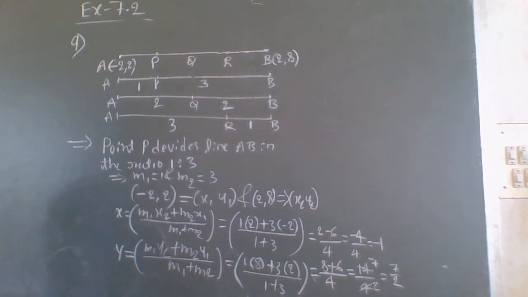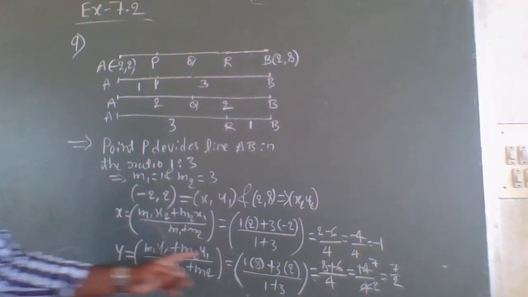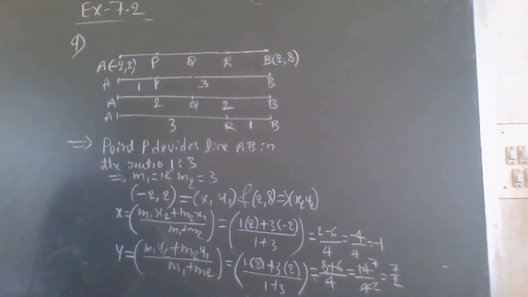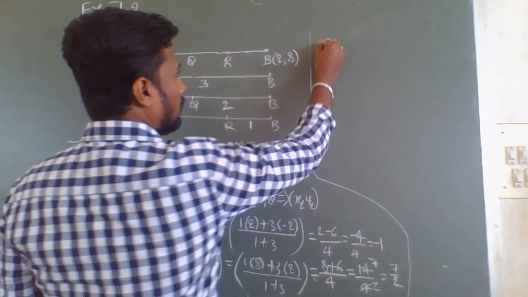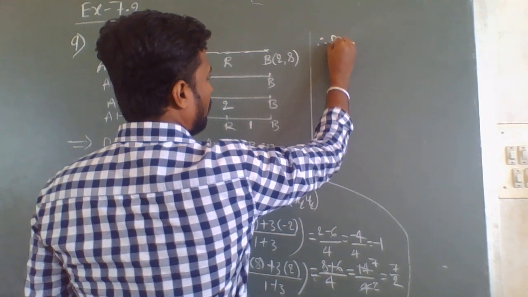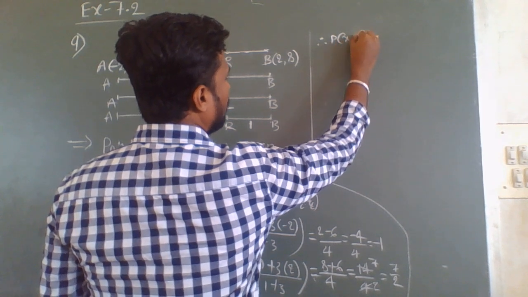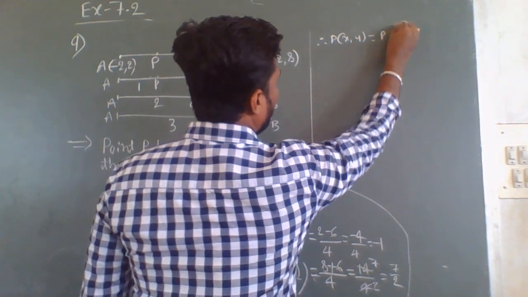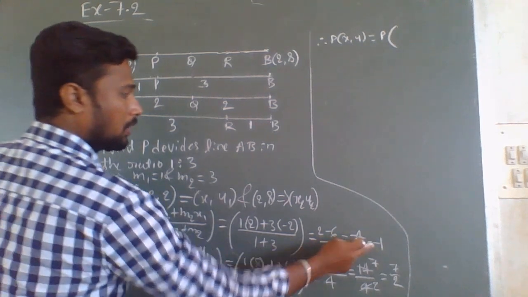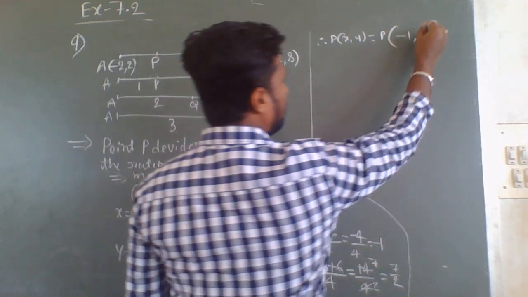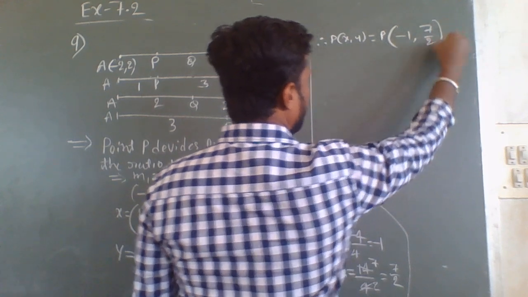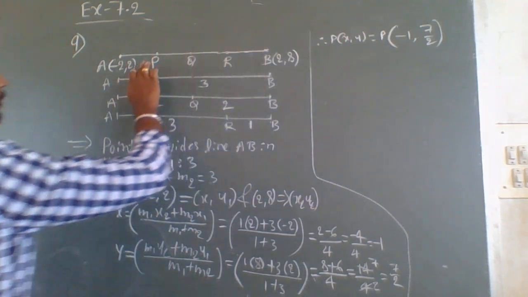These are the y coordinate value of point P. So here I will write, therefore point P of x comma y equals P of x coordinate value is minus 1 and y coordinate value is 7 by 2. These are the coordinate values of point P.